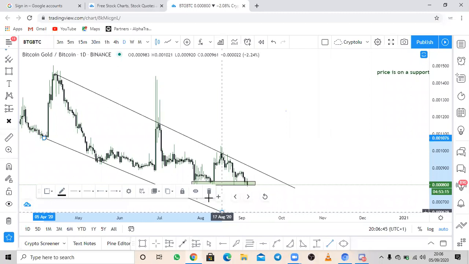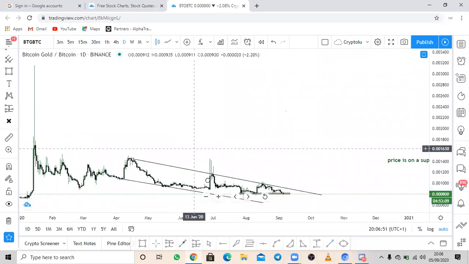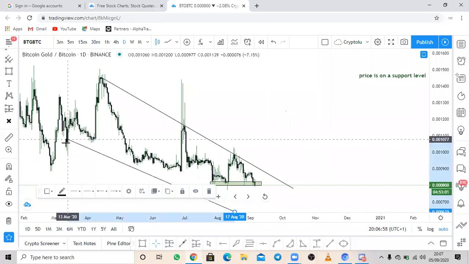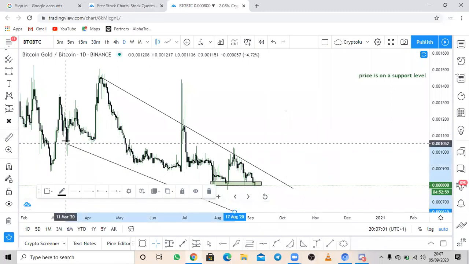So we have this more like a channel, or when you look at it from this angle, you see that from here all the way to this side here.